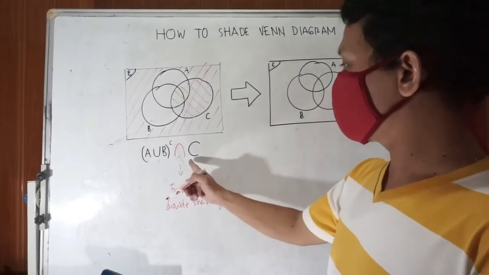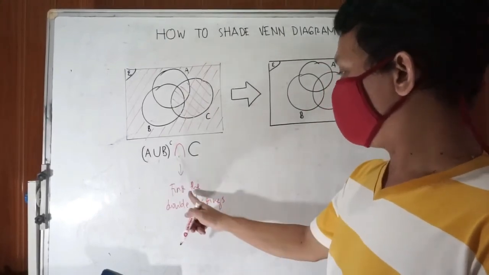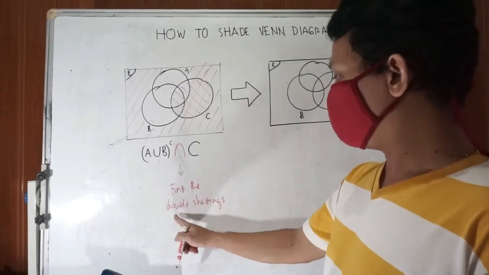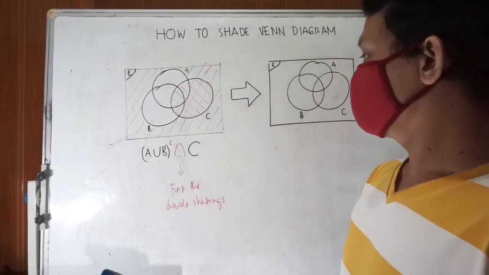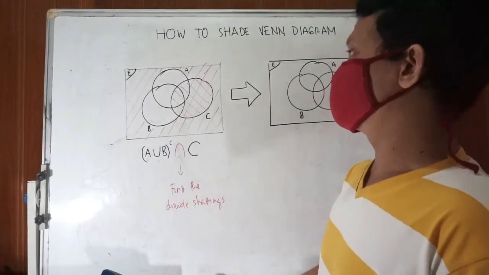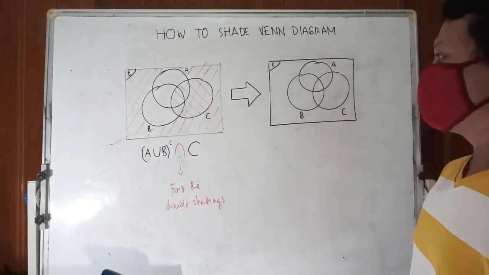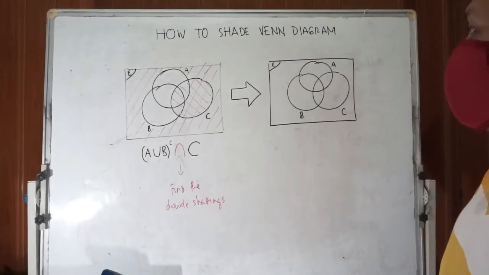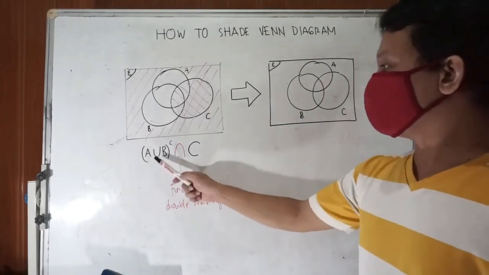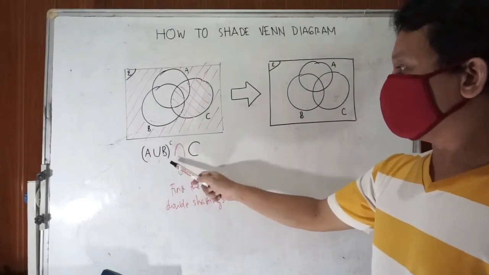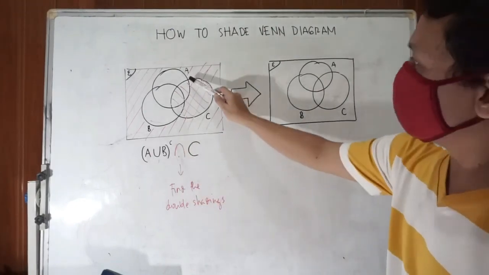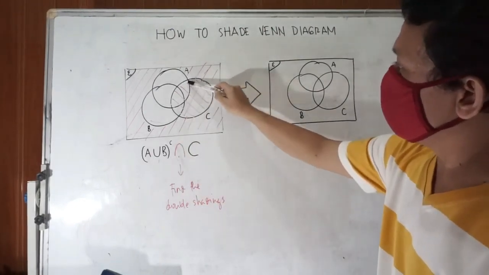Okay. Intersection means find the double area. So based on the diagram, we can find the final answer. So the area of A union B complement intersection C is this one. The double area only.